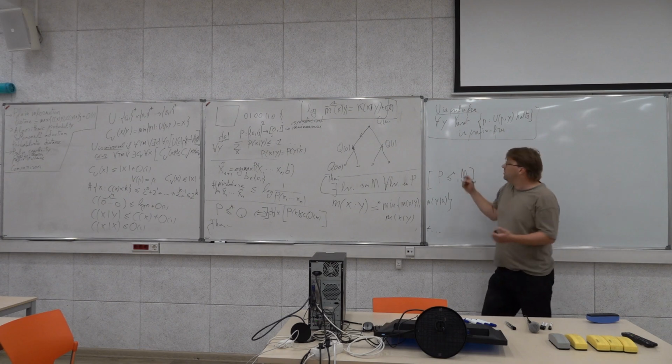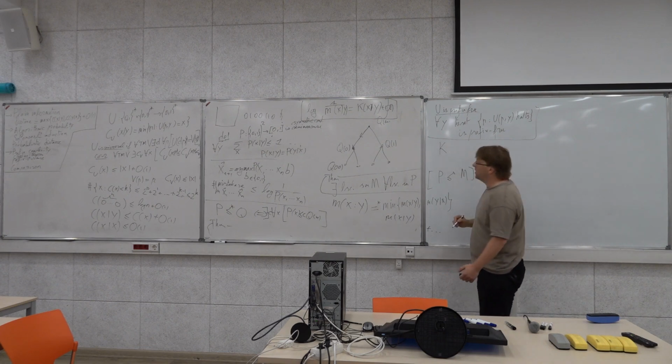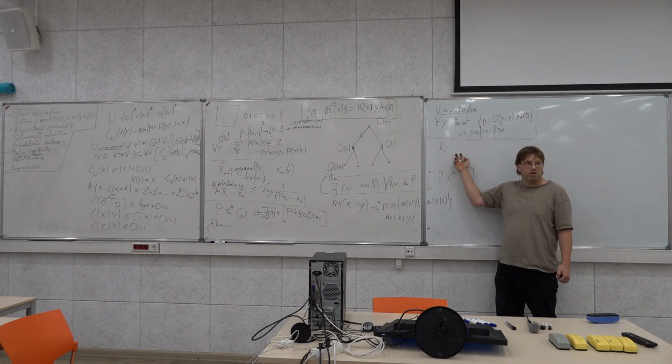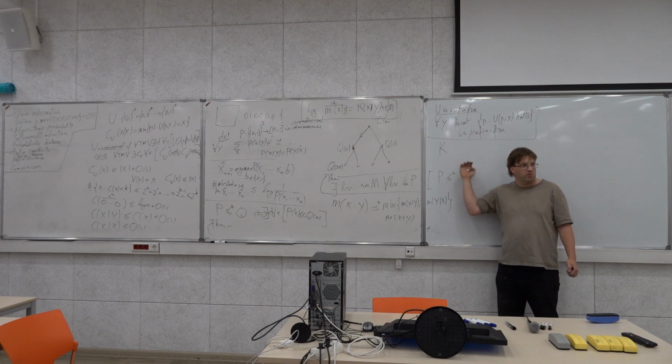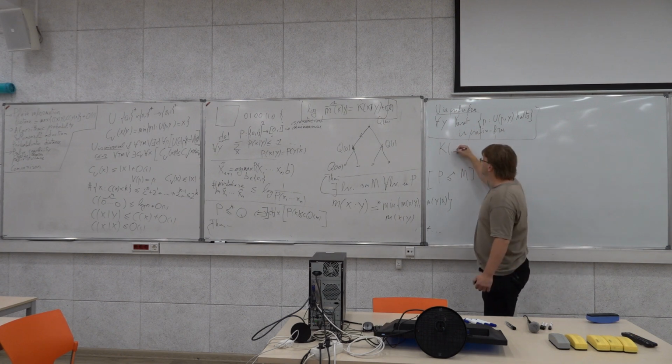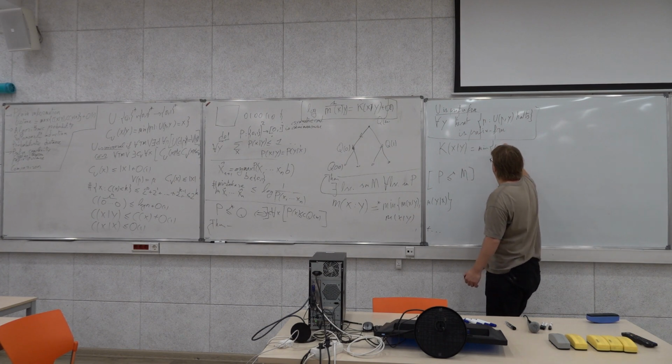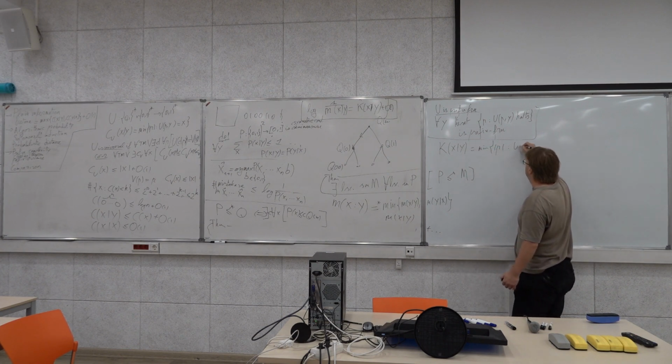And now we can define Kolmogorov complexity with a prefix-free set. But just to remember, now machines are prefix-free, we use the letter K instead of C. It's a universal convention, especially when we drop the index of the machine. And so K of x given y is again the minimum, okay, just the same definition, U of p, y equals x.